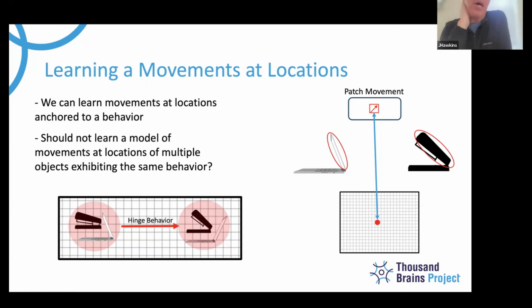Well, let me stop right there, Ramy, because the way we've been viewing it is that the definition of an object is static features at positions or poses in some reference frame. And the definition of a behavior is changing features at poses in a reference frame.